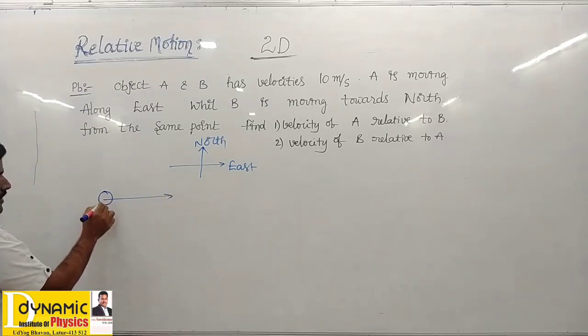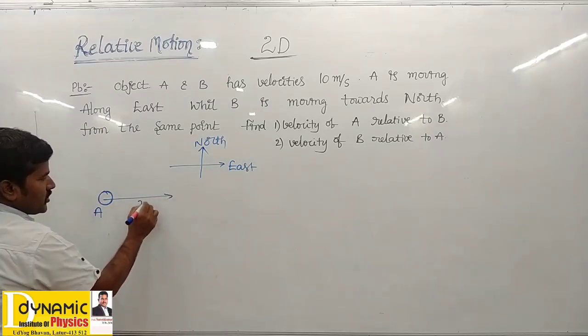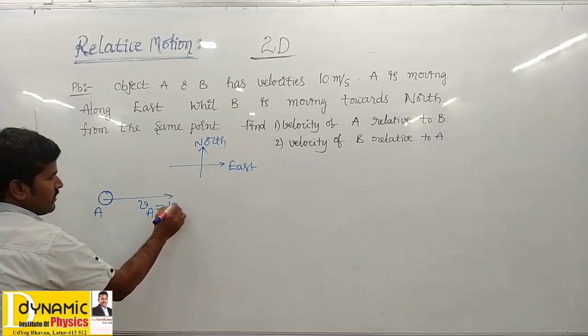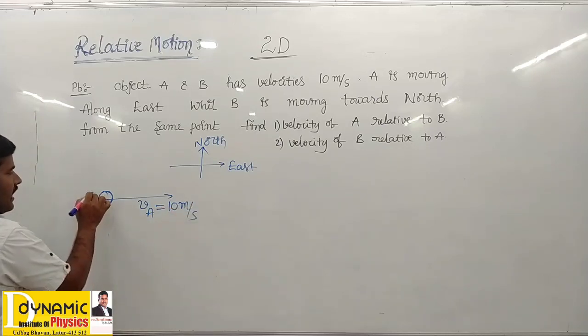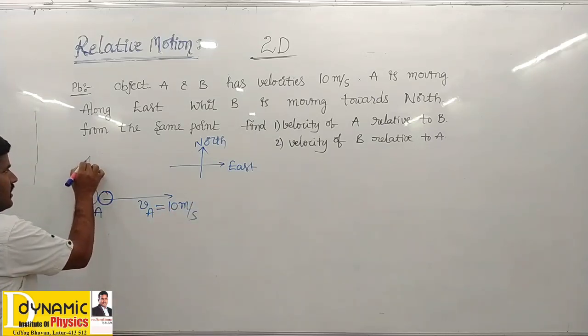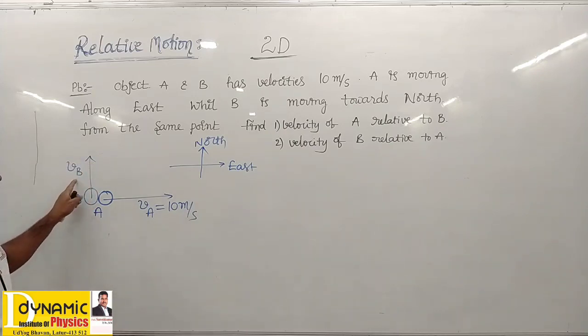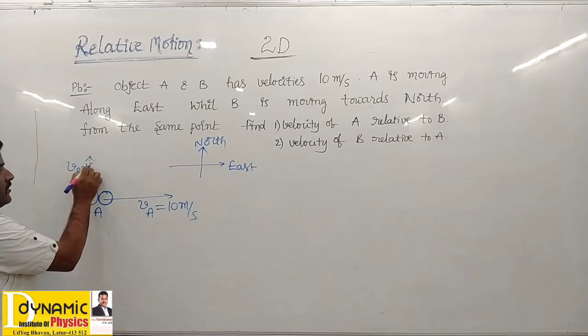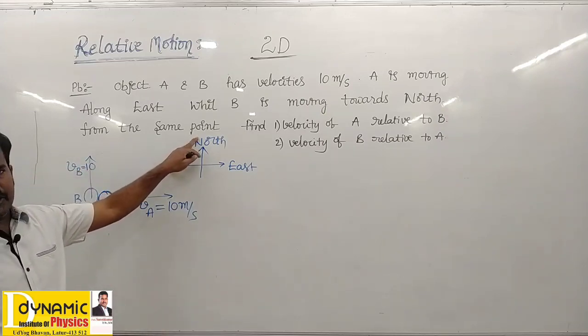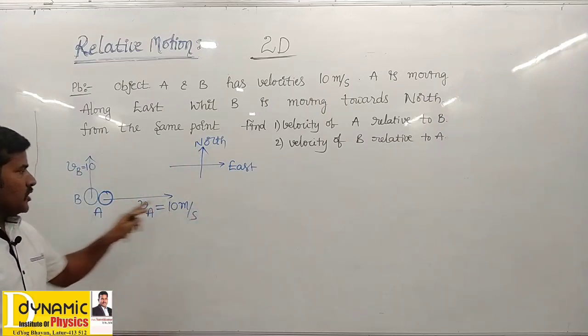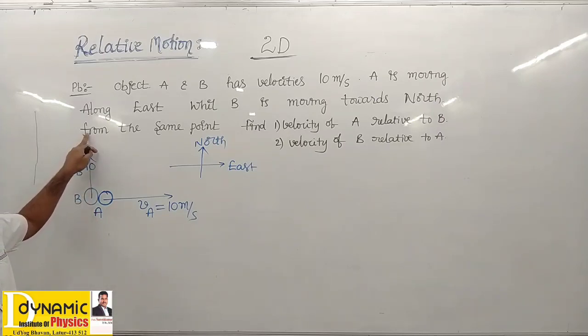So one object is along the east direction, its velocity is 10 meter per second. Another object is B, its velocity VB is along the north direction. This is also the same magnitude, 10, north direction. One is east direction, another one is north direction.